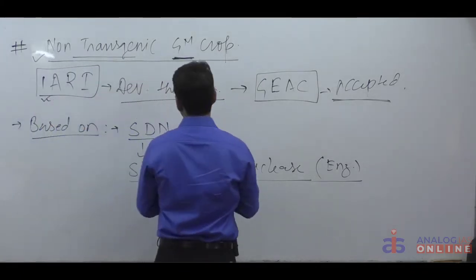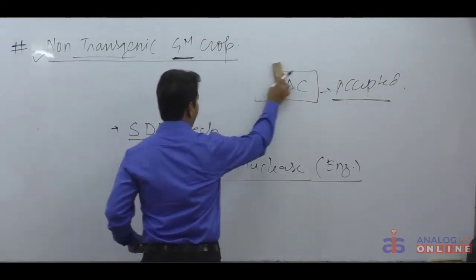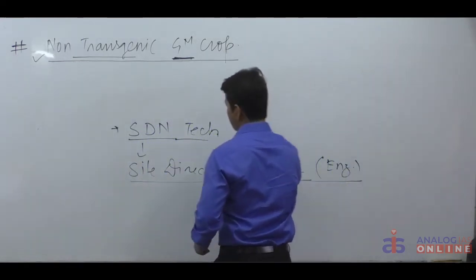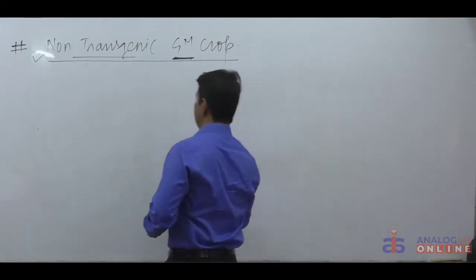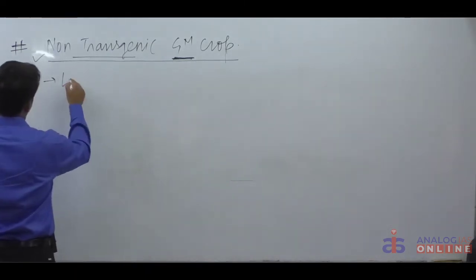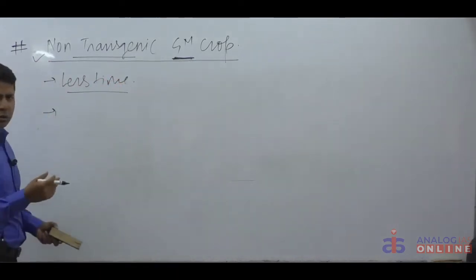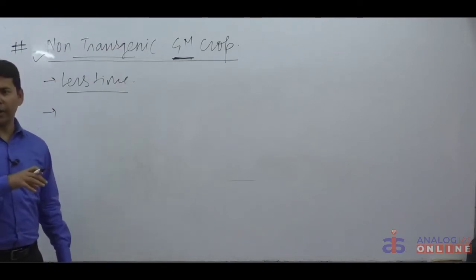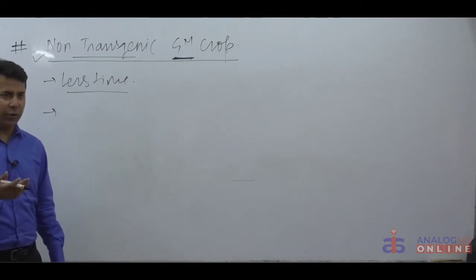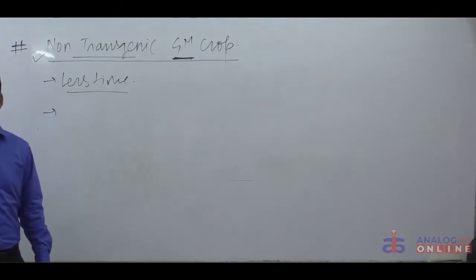And why has it been favored? So first of all, such technology and such approach will require less time, because there you don't need to source a gene and then cut the gene and paste it over there. There is a lot of technological intervention in it. Rather, just removing one gene by recognizing its potential will be less time consuming, right?